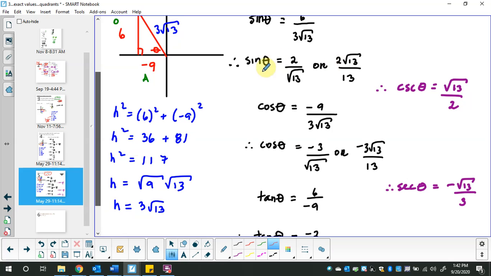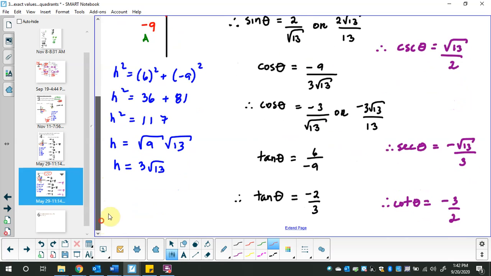Yep, sine ended up positive, cos ended up negative, tan ended up negative, which means when you flipped there was no sign change, and sine's partner cosecant was positive, cos's partner secant was negative, and tan's partner cotangent was negative.